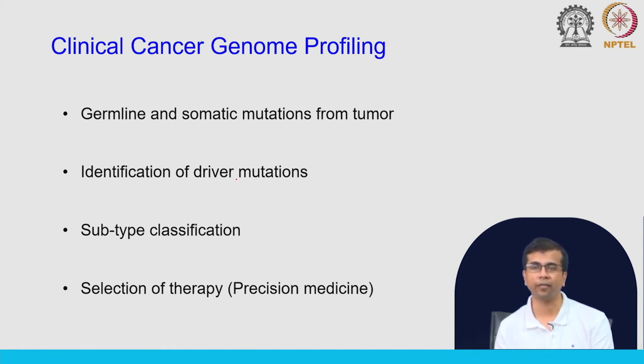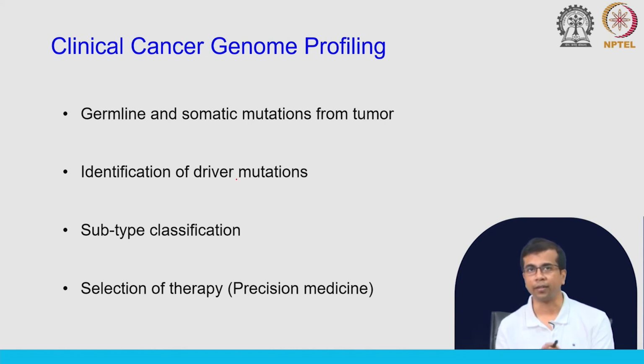In the first few classes, we talked about applications of NGS and about precision medicine. Precision medicine means we are developing therapy depending on the genotype. If certain mutations are present in a tumor, we give a certain therapy. If other types of mutations are present, we give another type of therapy.